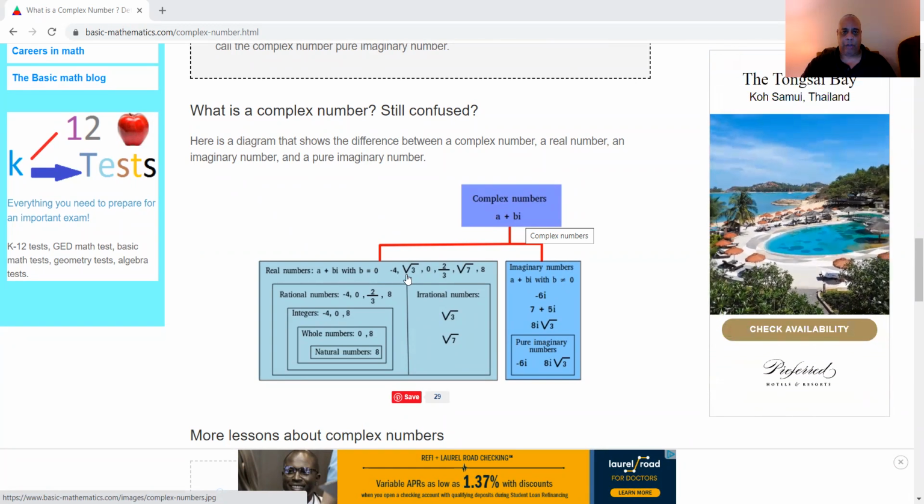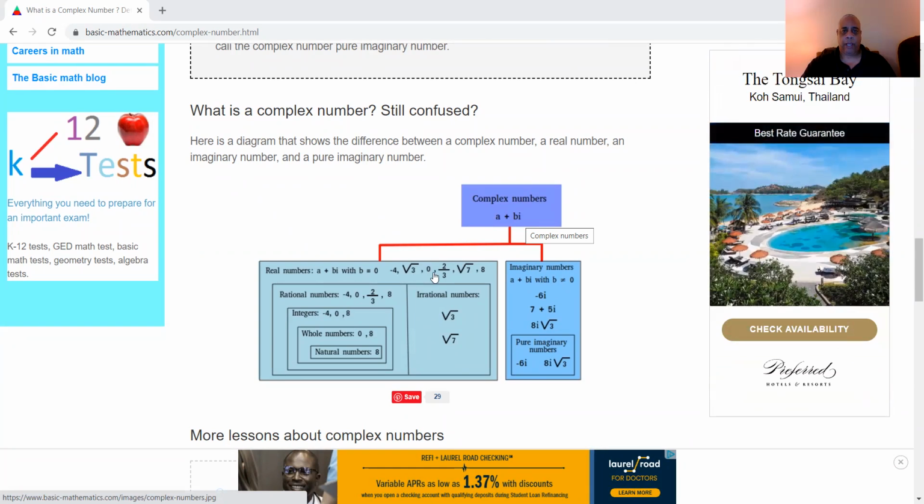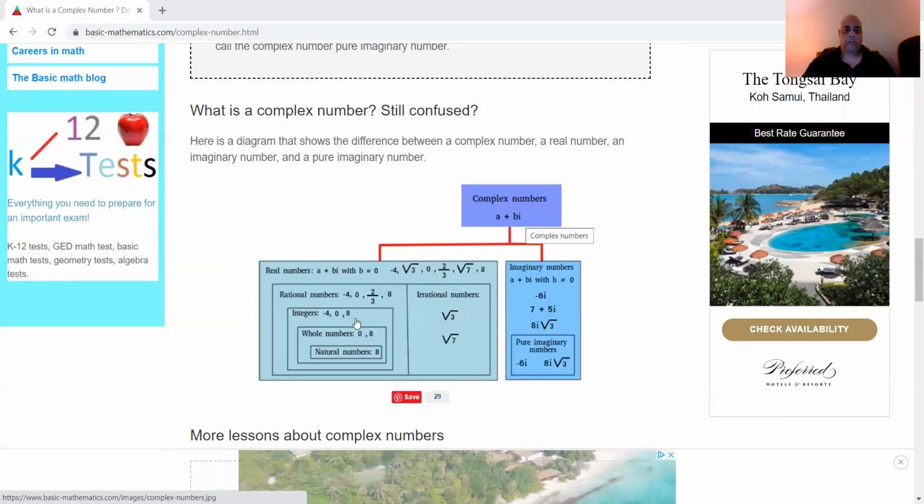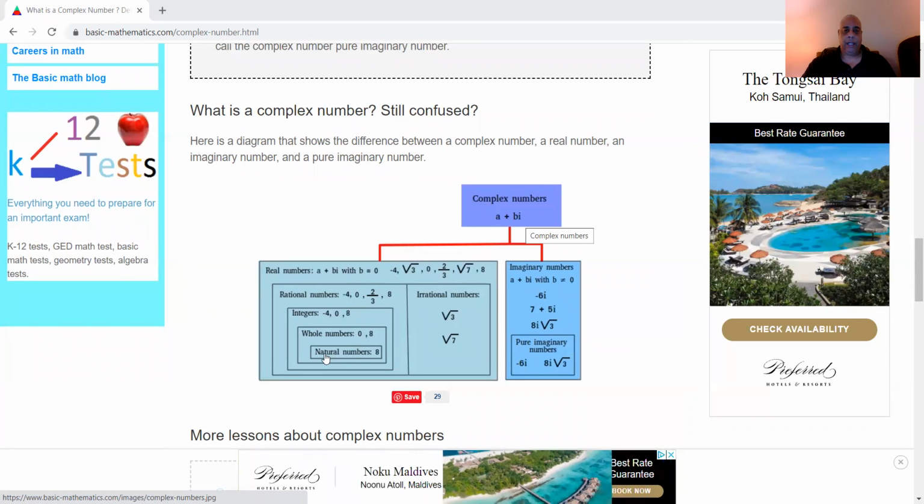Real numbers: -4 times the square root of 3, 0, 2/3, the square root of 7, and 8. Then you have your rational numbers: -4, 0, 2/3, and 8. Then you have integers: -4, 0, and 8. Whole numbers: 0 and 8. Natural numbers: 8.